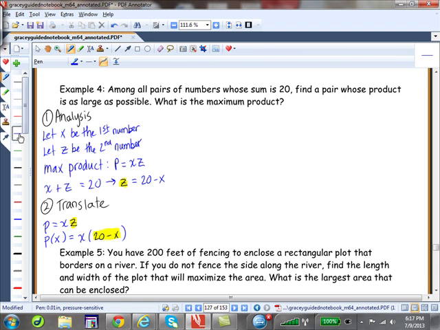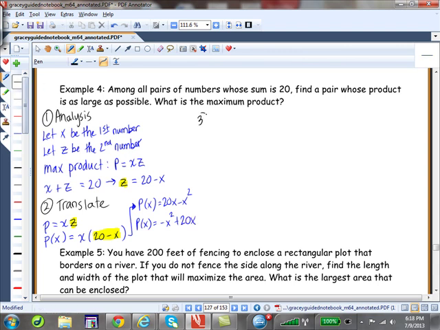Okay, so now this, of course, we want to write in a format that's useful to us. So do you see that this is 20x minus x squared, which, if we write it in the form we're used to for a quadratic, is negative x squared plus 20x.